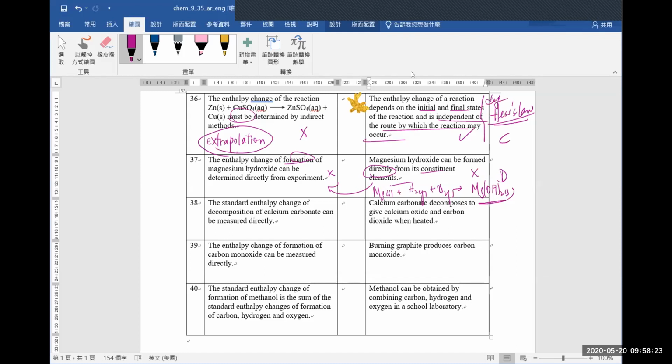So the production of magnesium hydroxide from its constituent elements cannot go by its own. So the answer is D. You get the point? 文希, 38. The standard enthalpy change of decomposition of calcium carbonate can be measured directly.